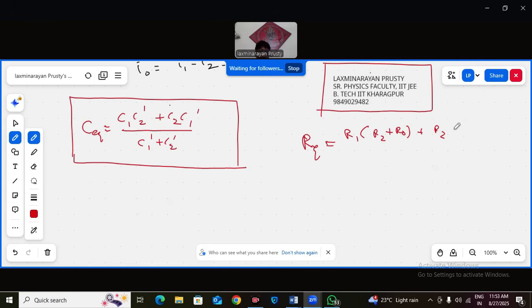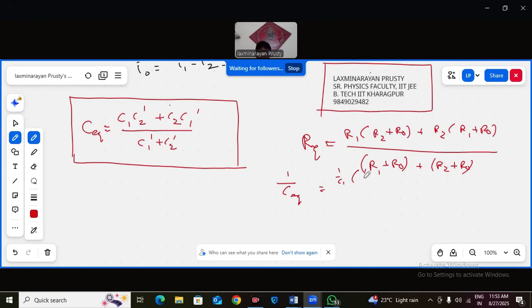Then 1 by C equivalent will be 1 by C1 plus 1 by C0 plus 1 by C2 plus 1 by C2 plus 1 by C0 plus 1 by C1.